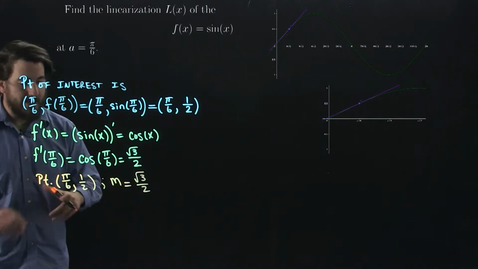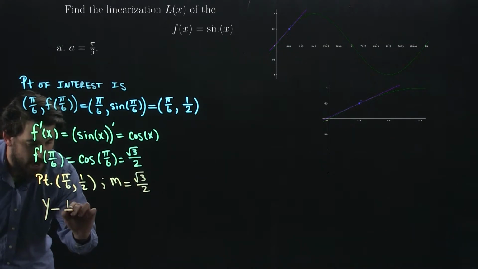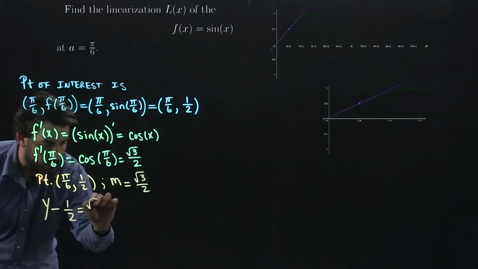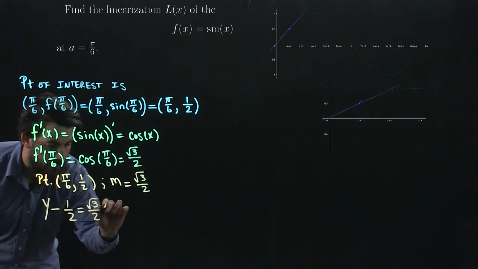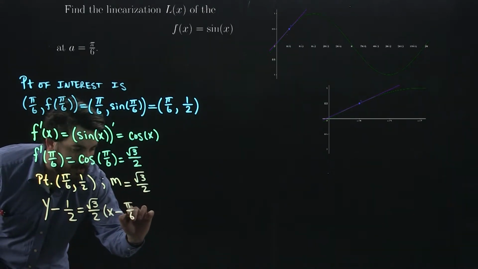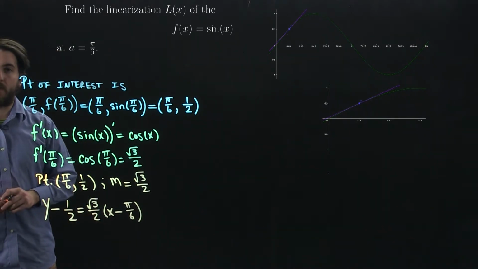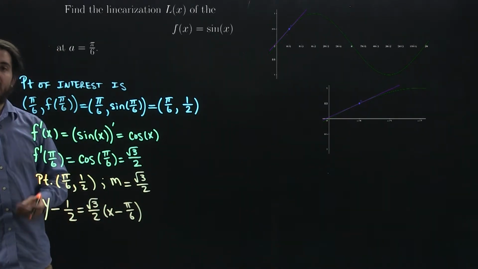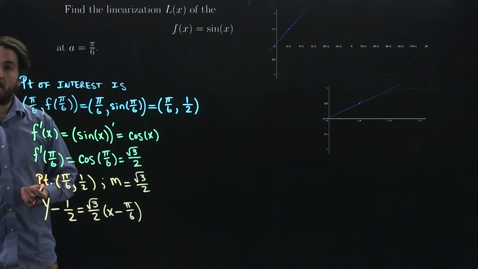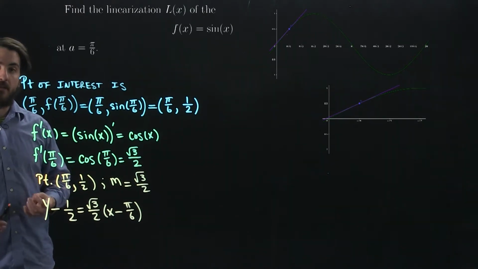So putting this together, we get y minus 1/2 equals root 3 over 2 times x minus pi over 6. Solving for y, I can get the slope-intercept form, which will represent my L of x.